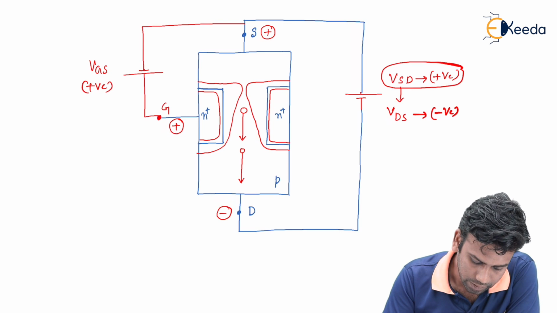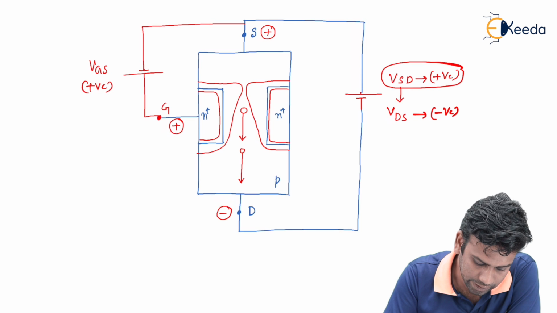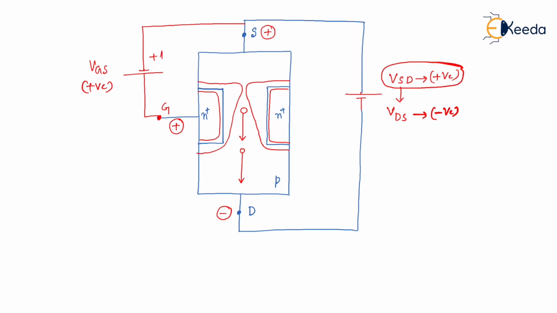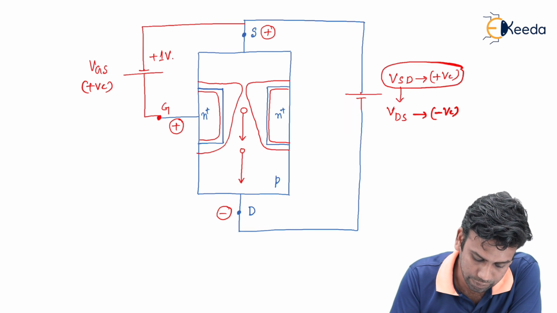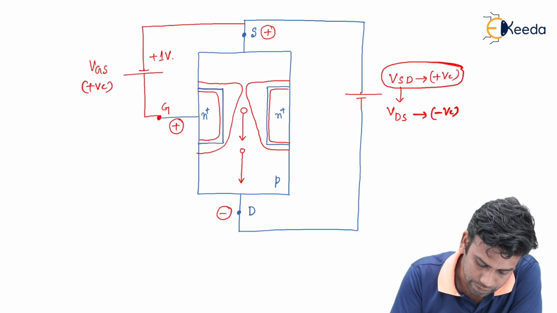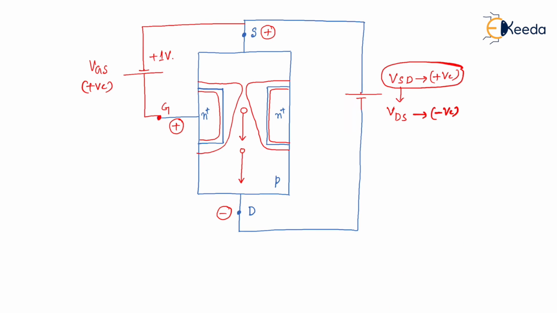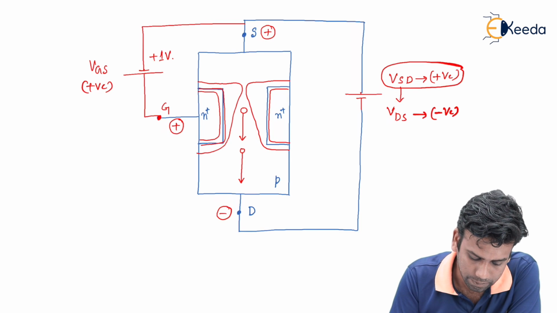And now we have applied a VGS. So if for VGS I give a positive 1 volt to the gate terminal, that means now this N plus P junction is more reverse biased than the previous case when the gate voltage was 0.